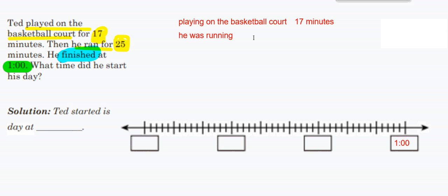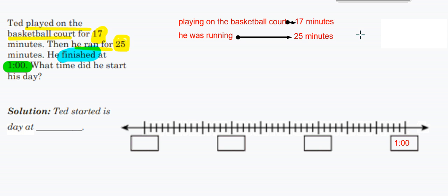Oh, that's easy. Then he ran for 25 minutes. So I'm just going to write here 25 minutes. I'm going to move that to the side right here. I'm going to make an arrow so you guys know what information I am writing right here. That is for that, and this one is for this.